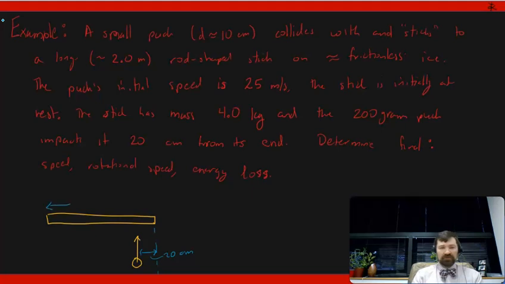I know that the whole thing is 2 meters long, so the center of mass of this symmetric stick should be at 1 meter. And I have to find where the center of mass of the system is. So the center of mass of the system should be somewhere over here.